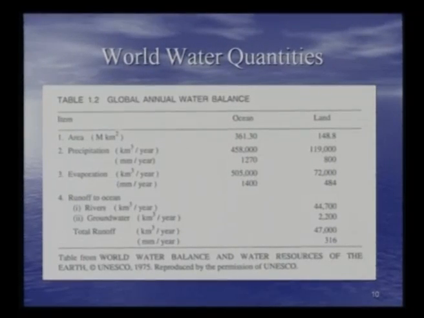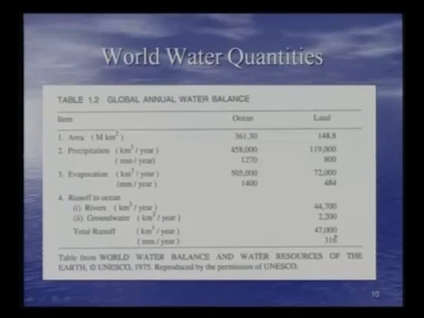This table shows the global annual water balance in different parts of the earth. For example, runoff to ocean, you see rivers kilometer cube per year, which we just took in this example, is 44,700. In groundwater, it is 2,200. That is the approximate rate of groundwater flow towards the ocean. Total runoff is that much, and in millimeters per year is that much.